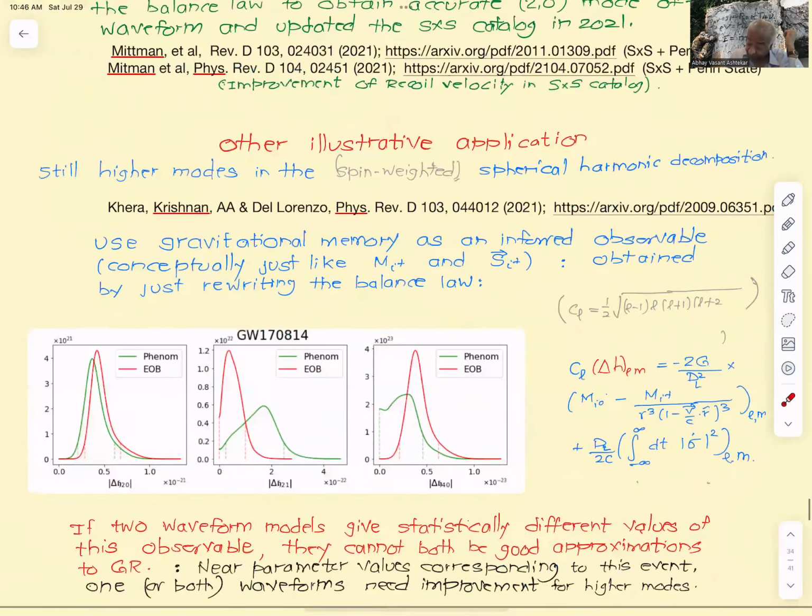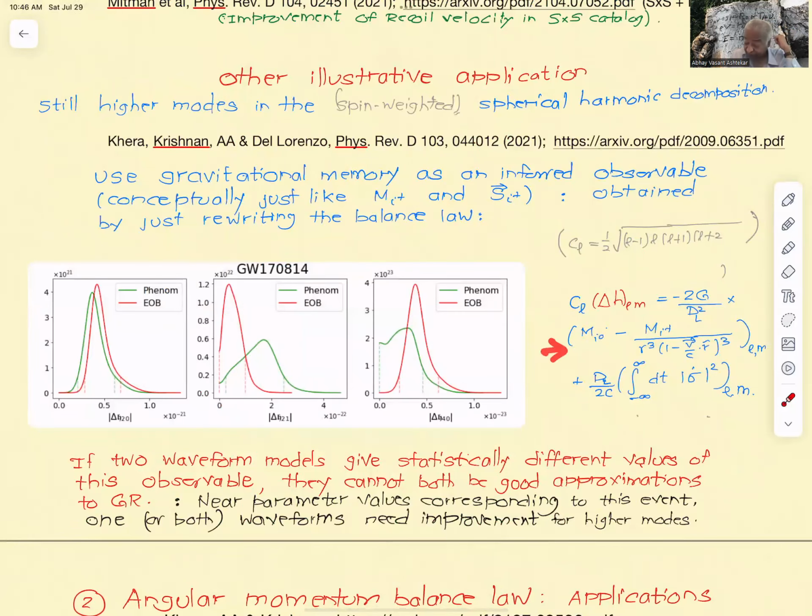And this d_L is the luminosity distance. So actually, we can calculate what the change in h_lm is, and this is really the memory, the change in h or change in sigma in going from minus infinity to plus infinity.